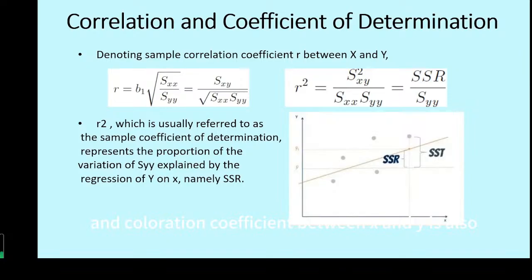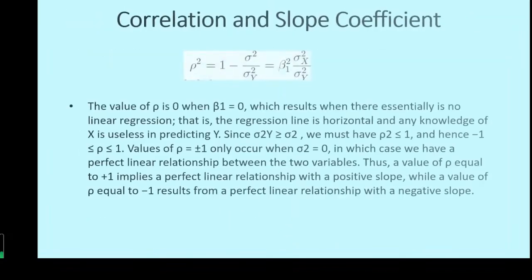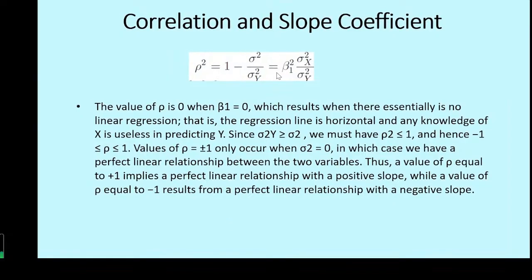And the correlation coefficient between x and y is also equal to the square root of the slope coefficient beta 1 squared times sigma x squared divided by sigma y squared. So this is the relationship between the correlation coefficient and the other two items in linear regression.